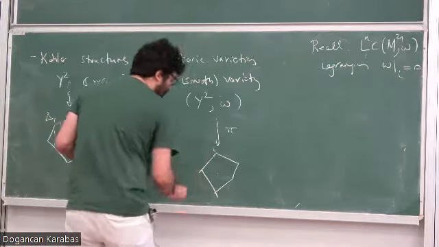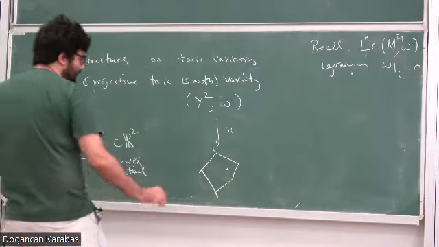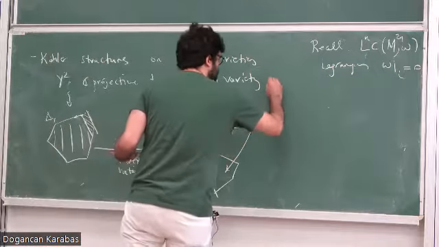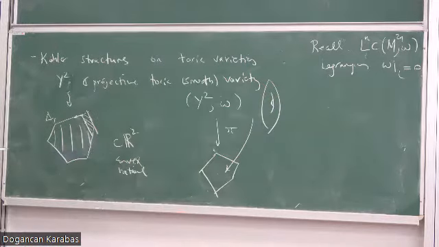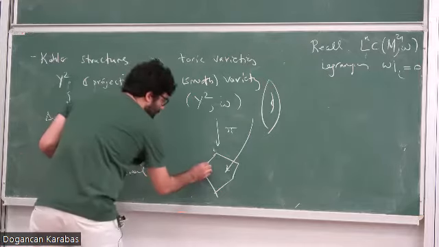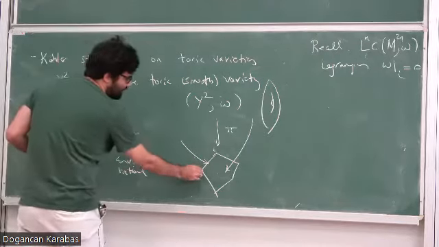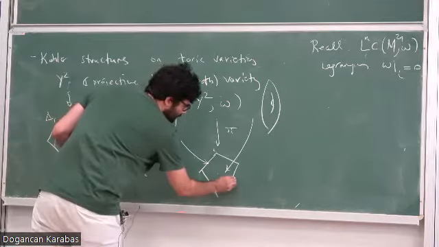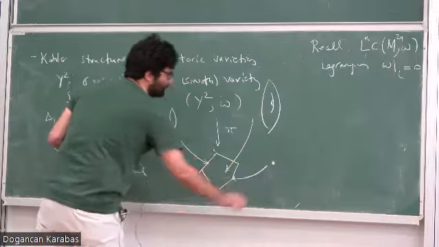So now what's happening here is that if you take a point in the interior of this polygon, then you see a full Lagrangian torus. If you take a point that lies over a point along the edge, but not on the vertex, then you see a circle. And if you take a point that lies over a vertex, you see a point.